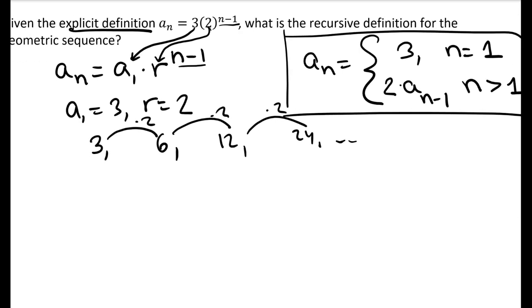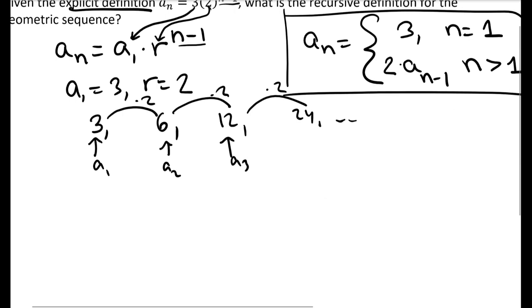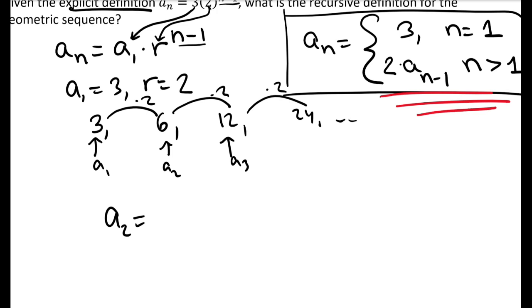Again, if we want to check this definition, we know that this is a1, this is a2, this is a3. So if I wanted to find, say, a2, well, I'm looking at this rule right here, because 2 is greater than 1.